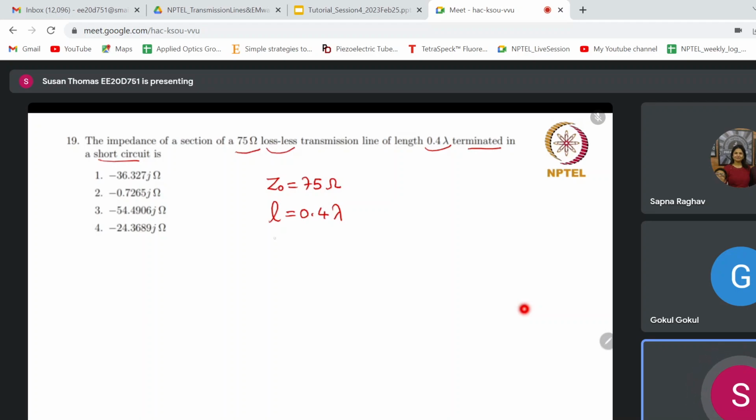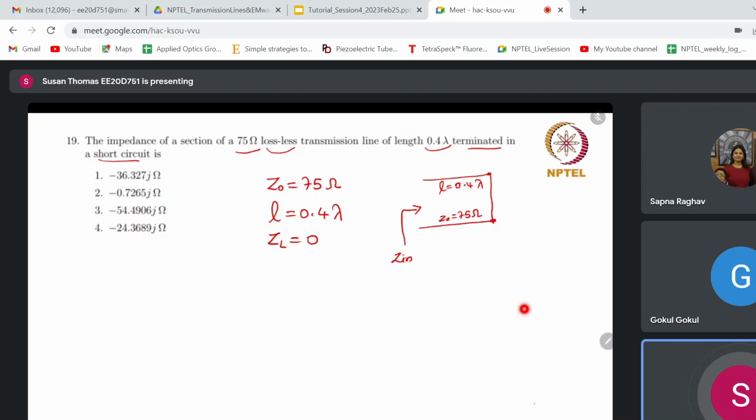What do you mean by terminated in a short circuit? ZL is 0. So you have a transmission line of length 0.4 lambda, short circuited at the load end, with characteristic impedance 75 ohm, and you need to find the input impedance.